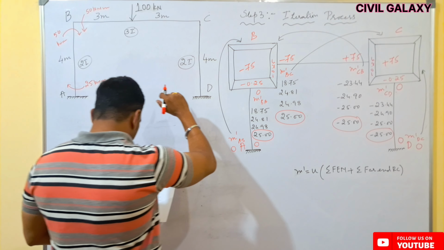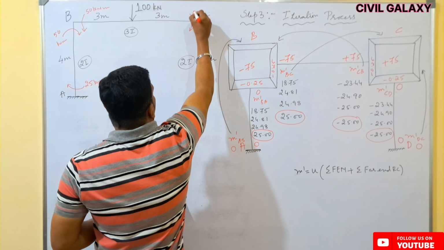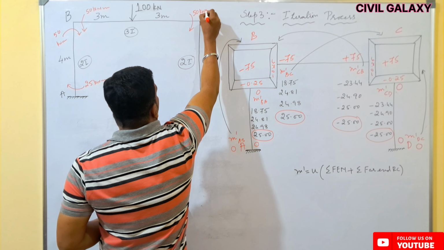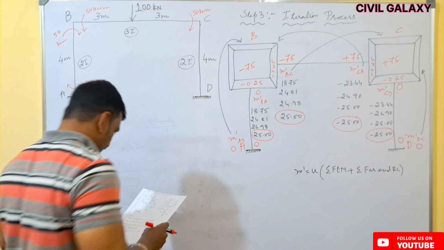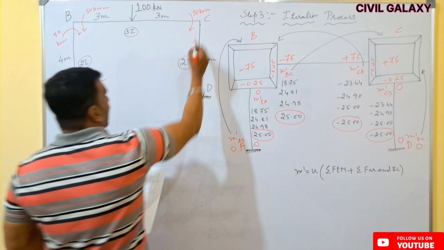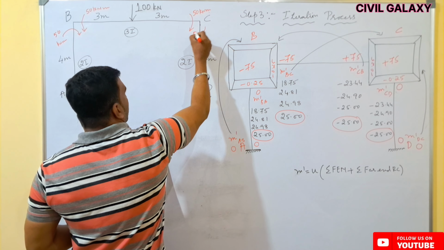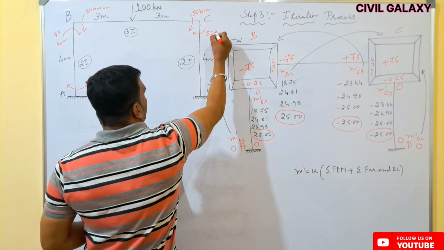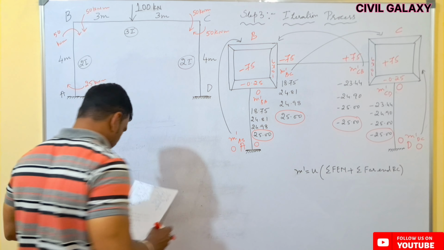From C to B we have positive 50 kilonewton meters, and from C to D it was anti-clockwise, again 50 kilonewton meters.